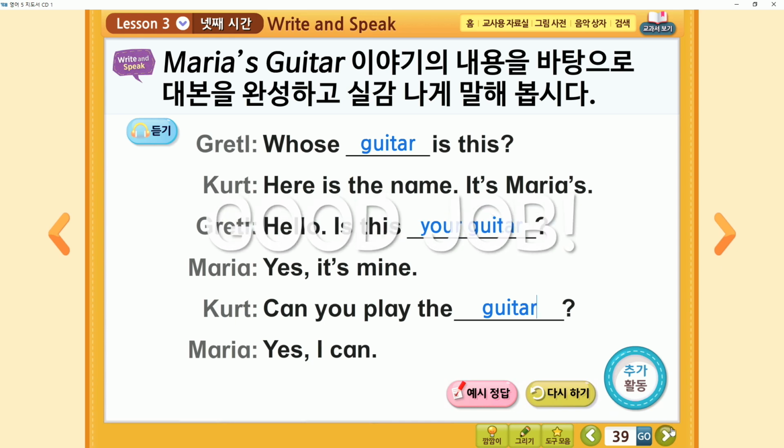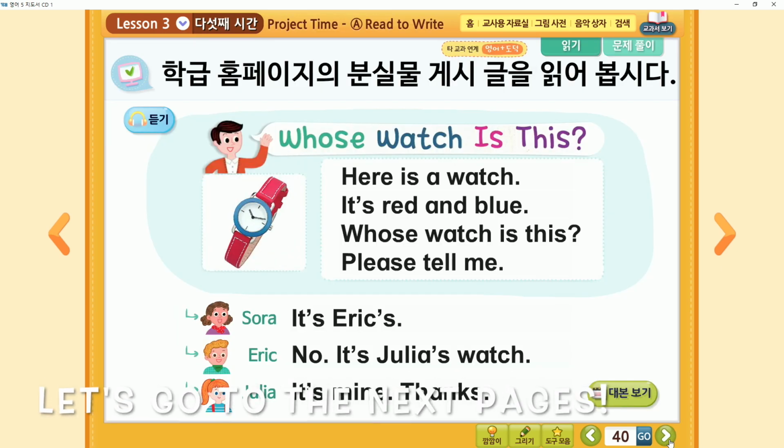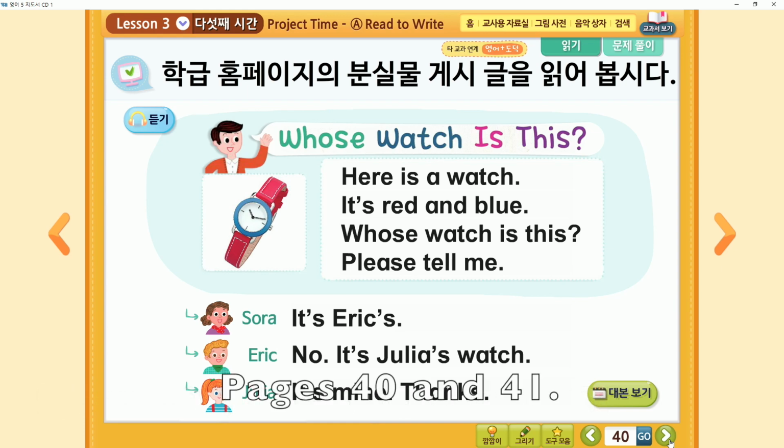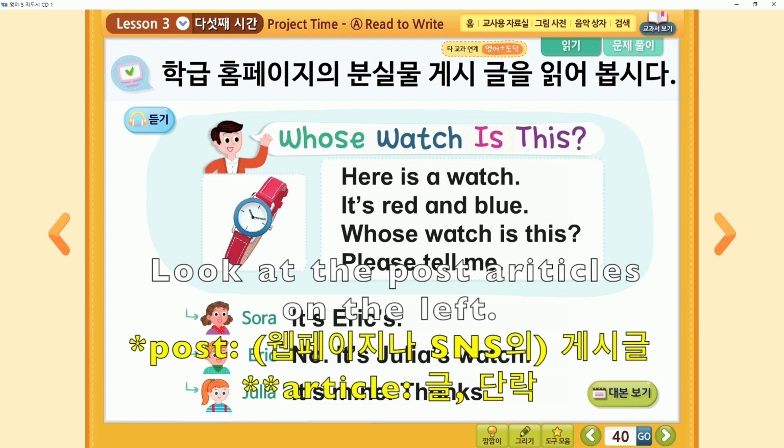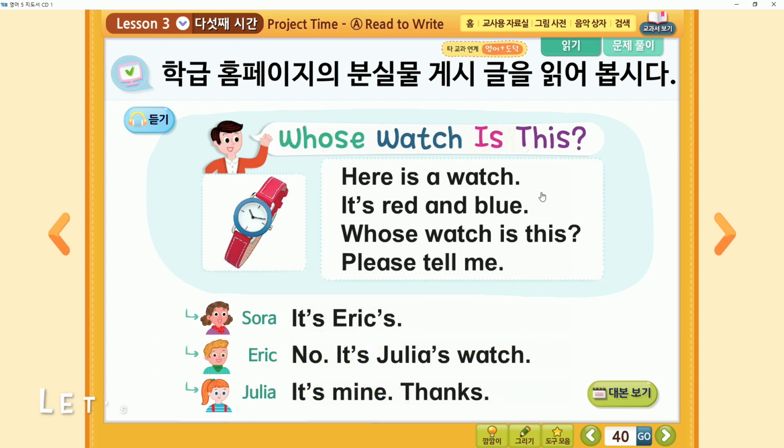Good job. Now let's go to the next page, pages 40 and 41. And look at the posters on the left. Let's read together. Ready? Go. Whose watch is this? Here is a watch.